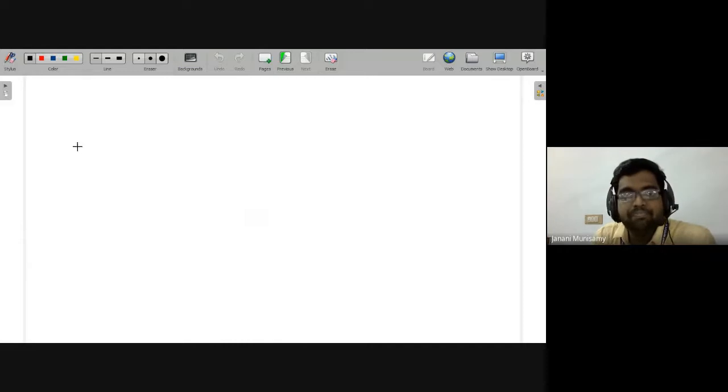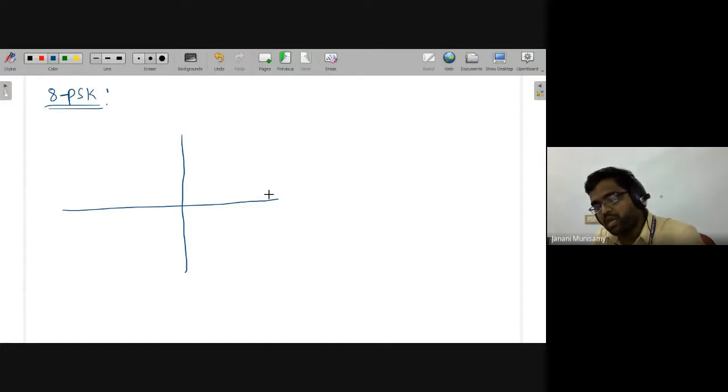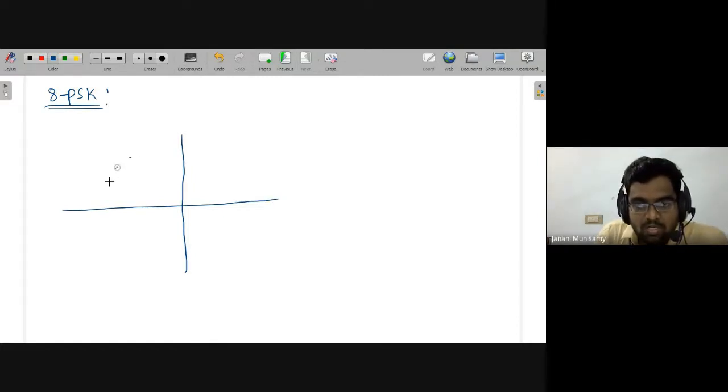Again, now I go for 8 PSK. Here we will be having 8 different phases. So just to draw an imaginary circle, on that we have to put 8 symbols at different phases.